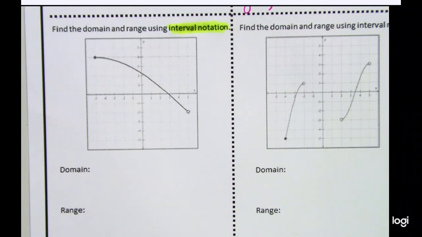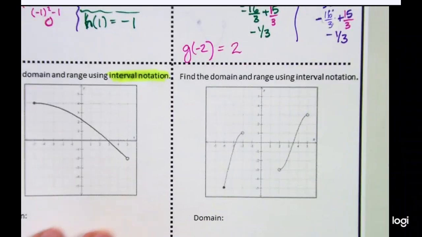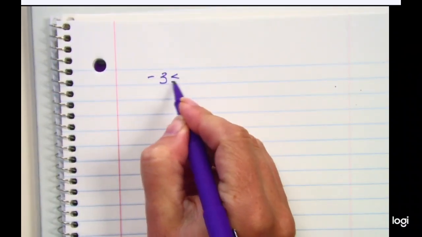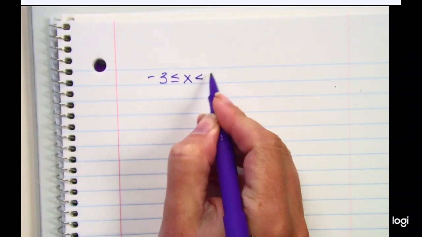So I need to take a little detour and talk about interval notation. You can take notes on the next page in your journal, whatever makes sense to you. We're going to talk for just a second about what interval notation means. You guys are very used to seeing maybe something like this. This is set notation.